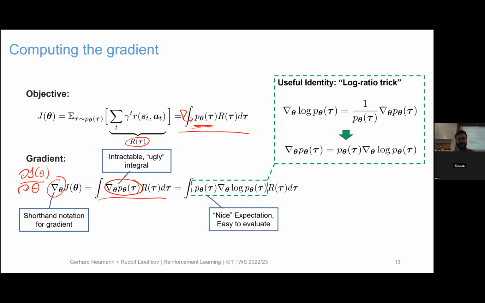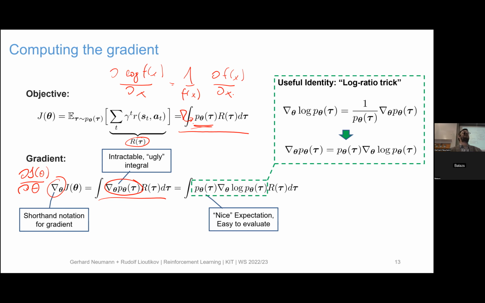But there is a nice trick that I can use, and it's called the log ratio trick, which basically comes from a very simple relation that we learned in high school, that the derivative of the log of f of x with respect to x is 1 over f of x times the derivative of f of x with respect to x.